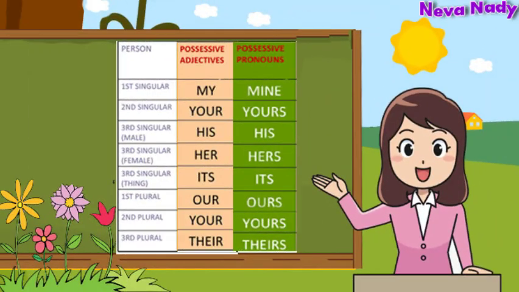Here is a list of possessive adjectives and possessive pronouns. My, mine. Your, yours. His, his. Her, hers. Our, ours. Their, theirs.